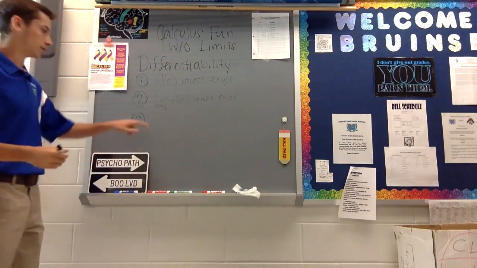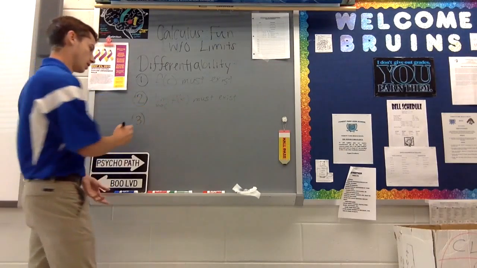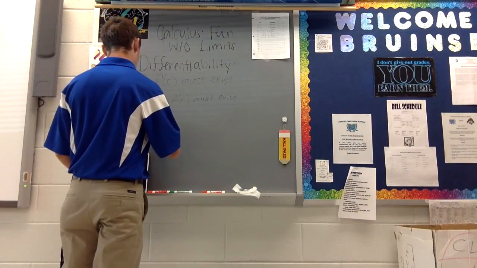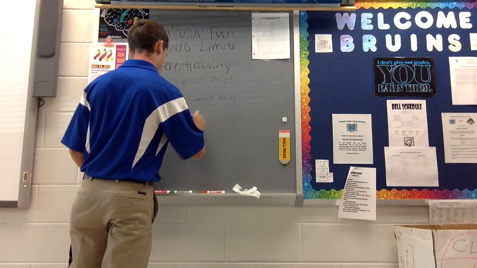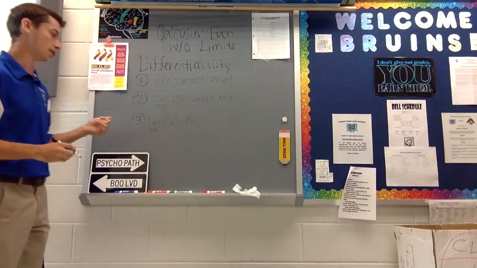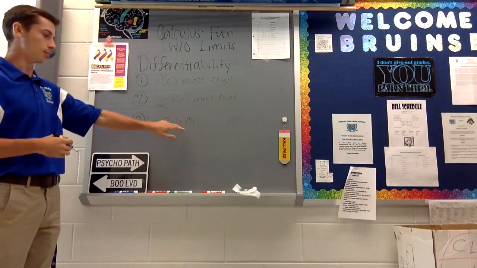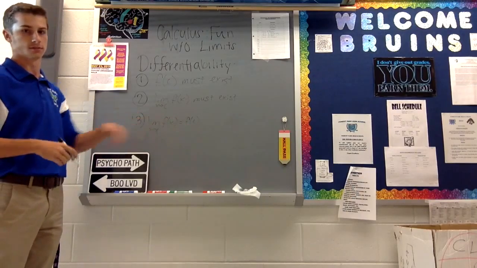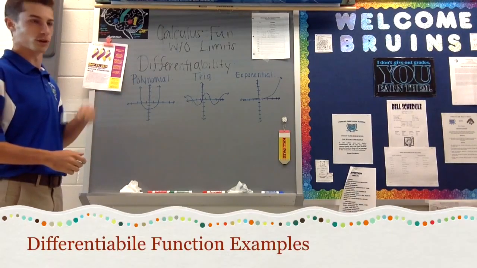The second one: the limit as x approaches c of f of x must exist. And the third links the first two together and says the limit as x approaches c of f of x must equal f of c.